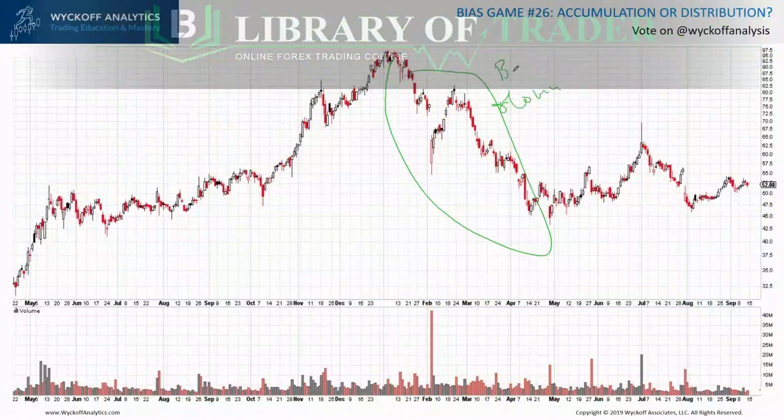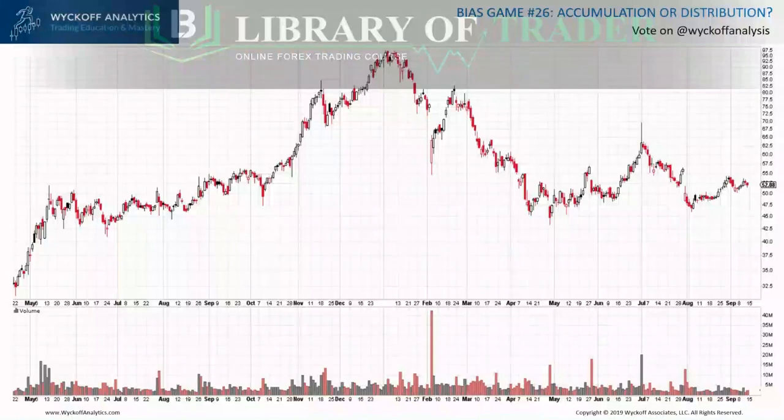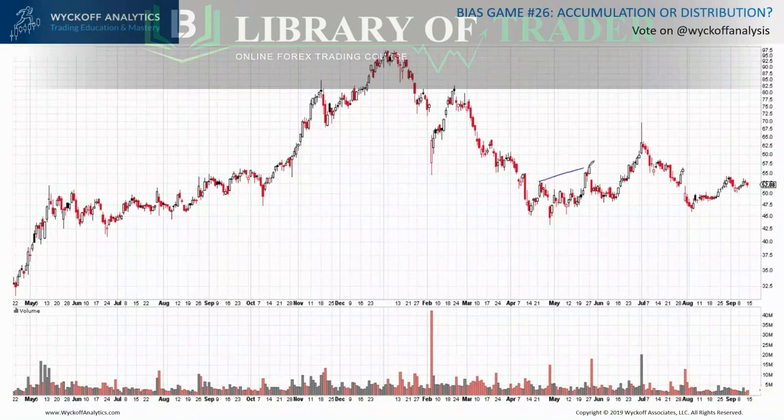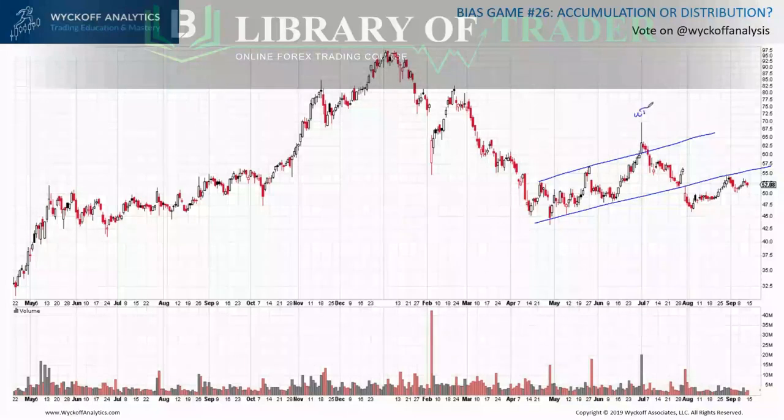If the bias right now is down, then this is how we're approaching this area right here. So what is it that we're looking for? Well, we're probably looking at a slow confirmation, something like this. We're seeing a very clearly defined upthrust, and it came on an increased volume signature, so that tells us that there is an increase of supply here.